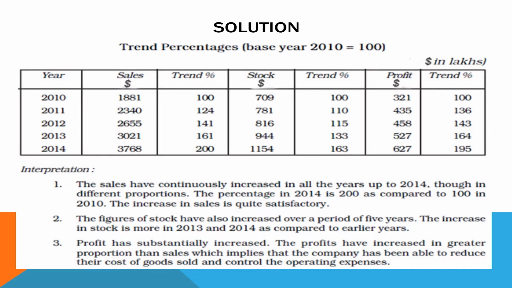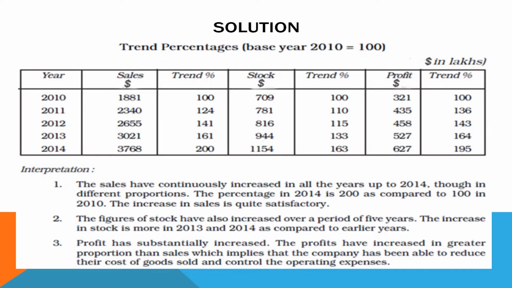Same is the case with next one, that is 2655 divided by 1881 multiplied by 100, which comes to be 141%. Again, same applies to another two cases, that is 2013 and 14, and the respective percentages are 161 and 200%.